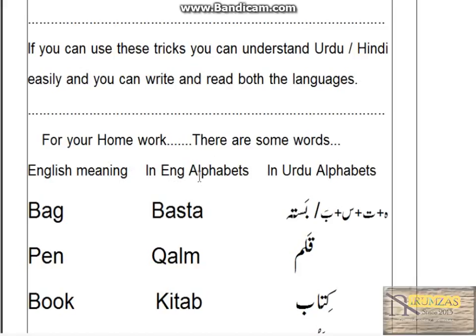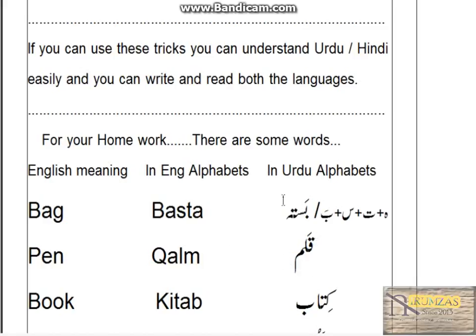And how we can pronounce them in English, and these are the Urdu words with Urdu alphabets. So the first word is basta. This is representing the zabar tone and its English meaning is bag. Next one is pen, kalam. In Urdu we say kalam.